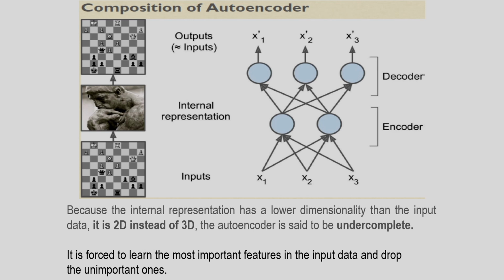That is why the autoencoder is said to be undercomplete, because I am reducing the dimensionality of the input data. That is the concept of the encoder. It is forced to learn the most important features in the input data and drop the unimportant ones. That is nothing but efficient representation of the input data.